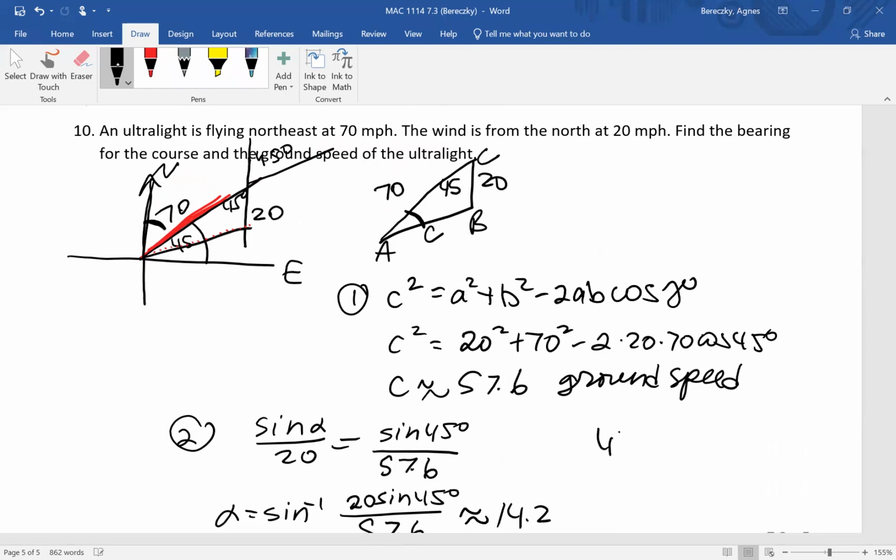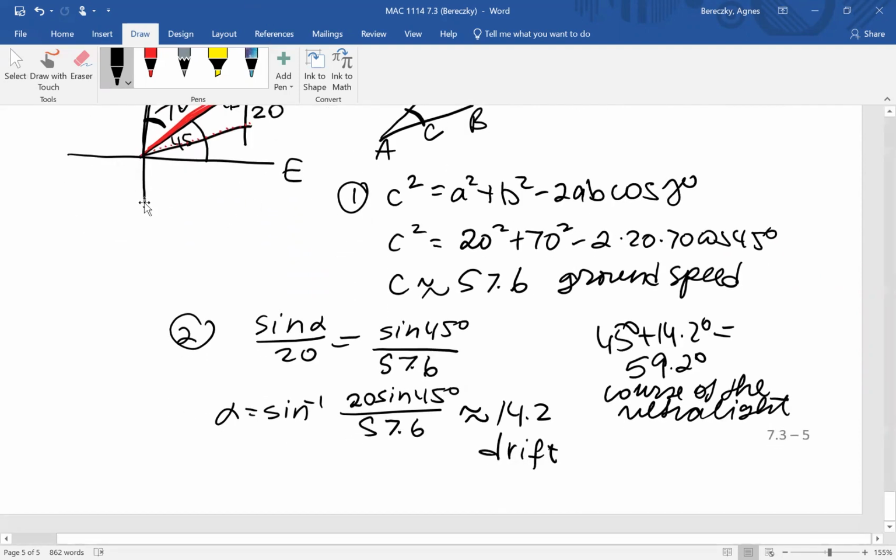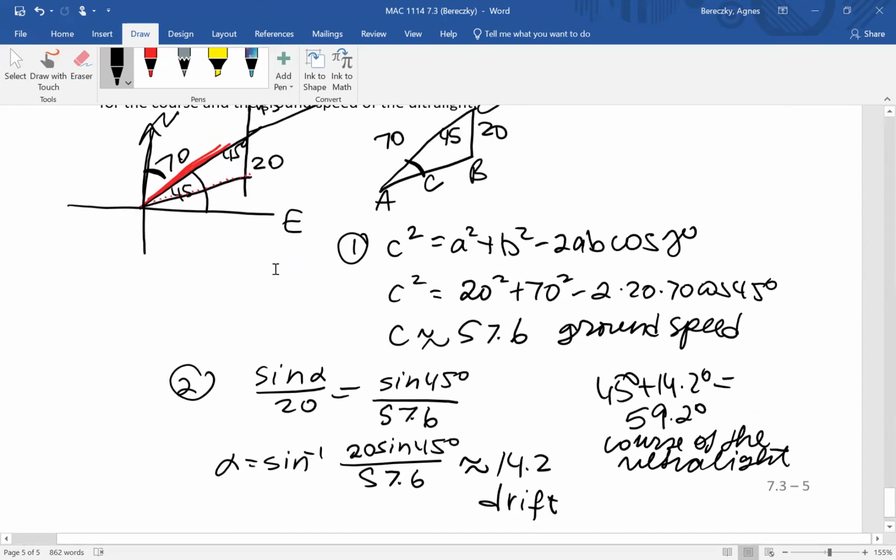So we're gonna add the 45 plus the drift, which is 59.2, will be the course of the ultralight. So this is the second part or the end of 7.3.